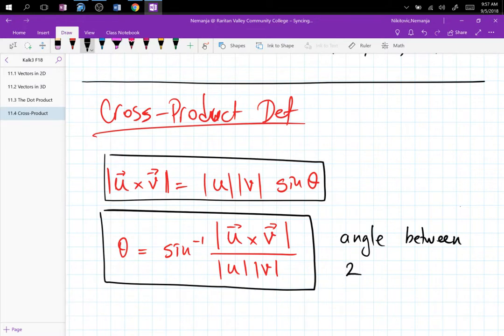This gives the angle between two vectors. And now we can put in R3 because we know this works in R3.